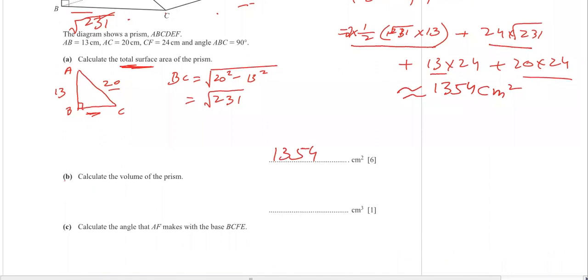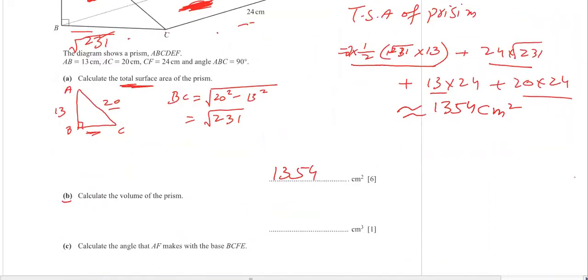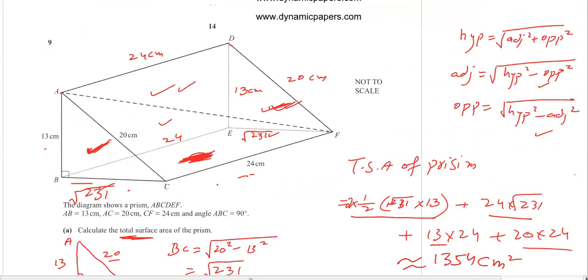Next, part B is calculate the volume of the prism. Now, for the volume of any prism, you always need the area of the cross section multiply with the length. In this case, our cross section is actually this triangle, and this is the length.